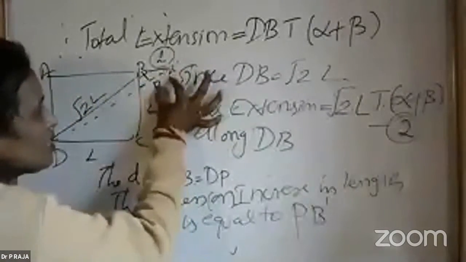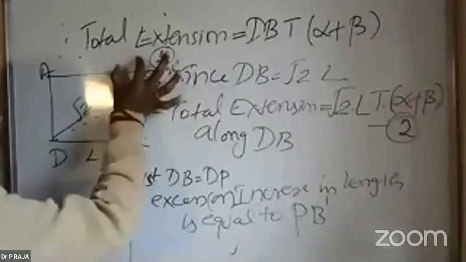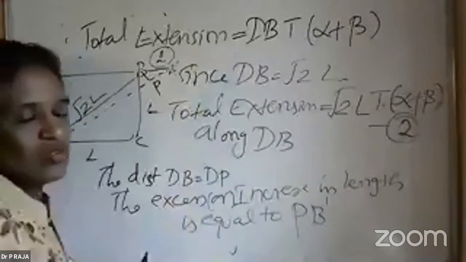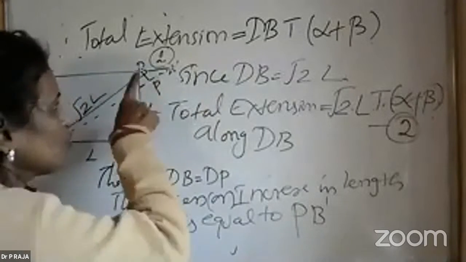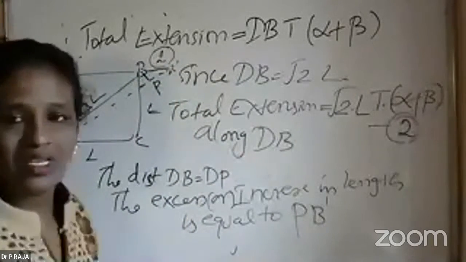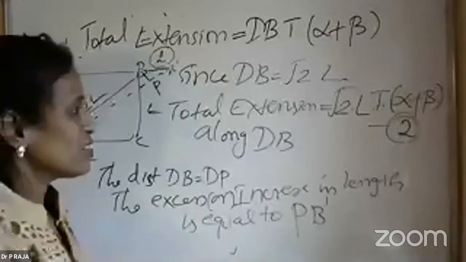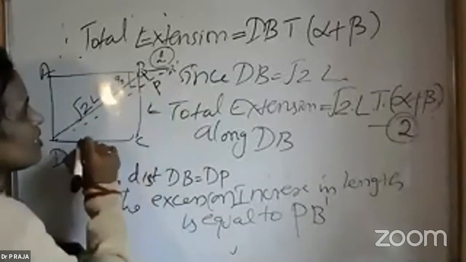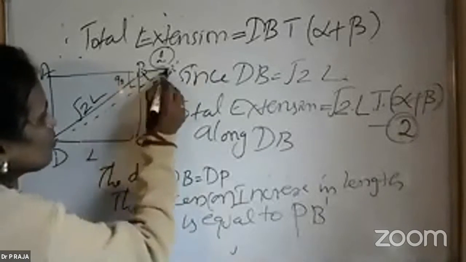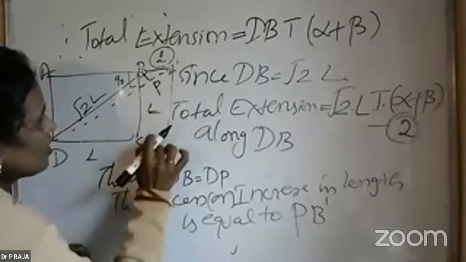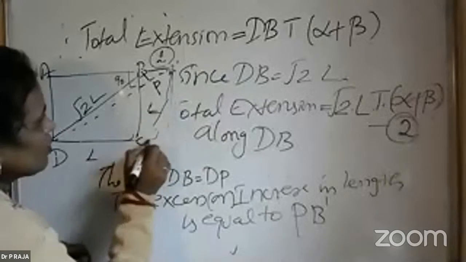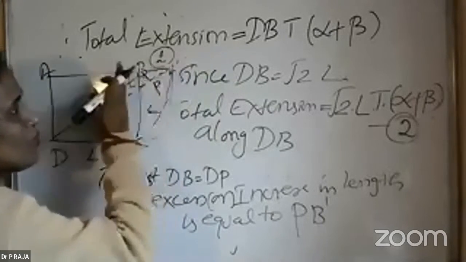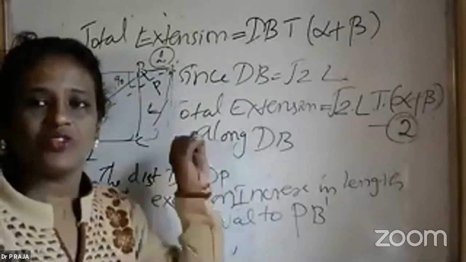The extra length is actually PB dash, but we know that B to B dash has gone to L. So we need to take this as a triangle, because it has sheared through an angle. Now the angle here is 90 degrees. If you take another cube like this, the angle here may not be 90, it may be 88 or 89.